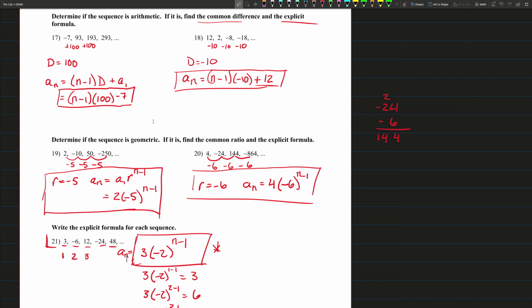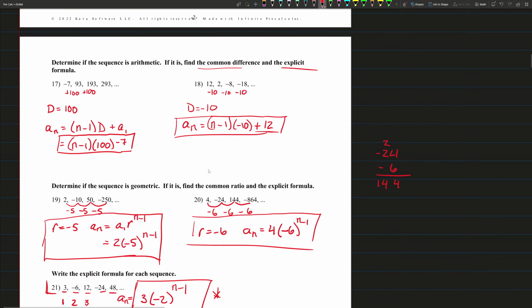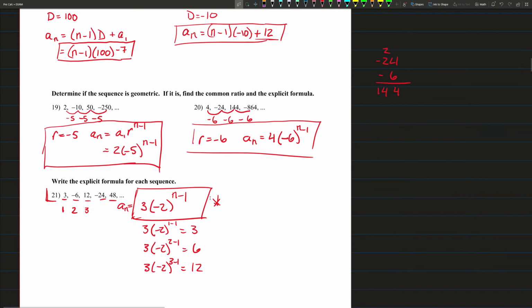Okay, so like I said, the multiple choice were each worth 2 apiece. These arithmetic sequences, actually pretty much each of these are worth 3 apiece. Okay, so the arithmetic are each worth 3. The geometric are also each worth 3.